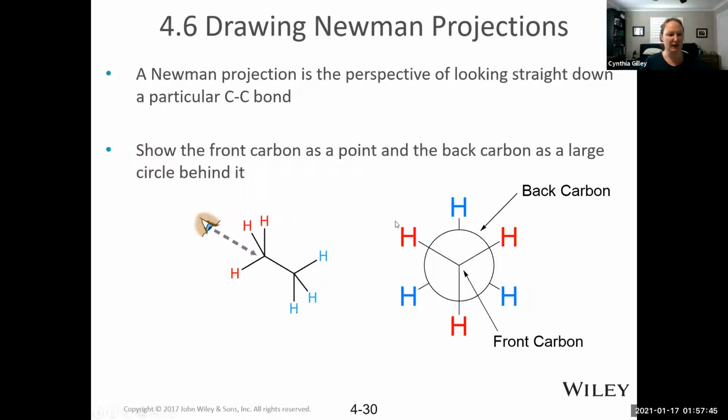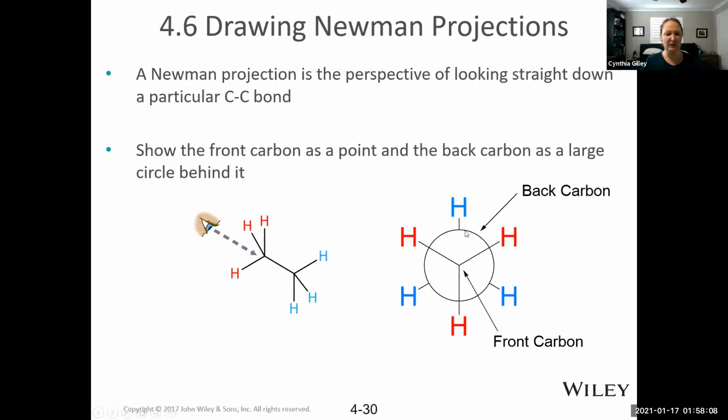So recall that when we're drawing a Newman projection, we're placing our eye to look down a certain bond. Usually it's a carbon-carbon bond, but it could be other types of bonds as well. And when we're drawing the Newman projection, the front carbon is just this little dot, right? And the back carbon is represented by this circle.